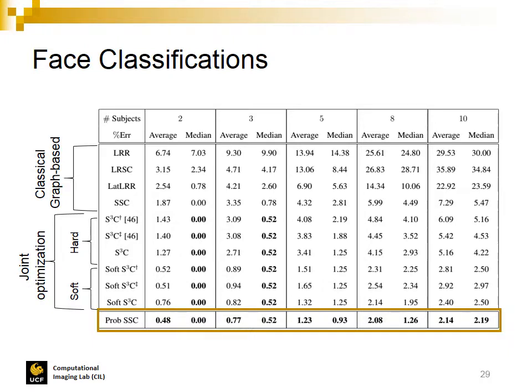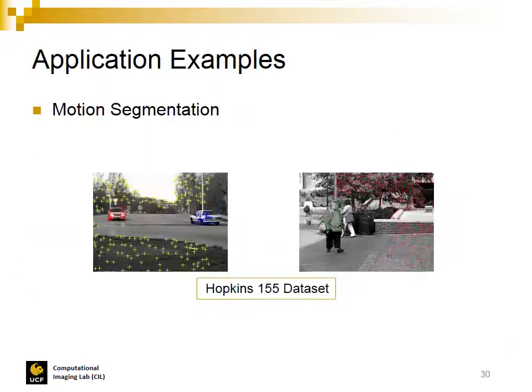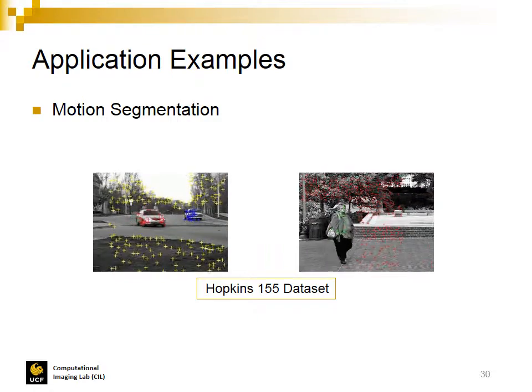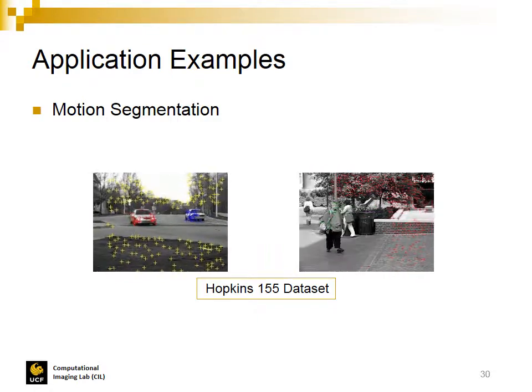Rows 5 to 7 are hard clustering based methods and rows 8 to 10 are soft clustering based methods. The results are shown for 2 to 10 subjects. As we can see, the proposed method that combines both hard and soft clustering outperforms all the state of the art. The second application is motion segmentation.